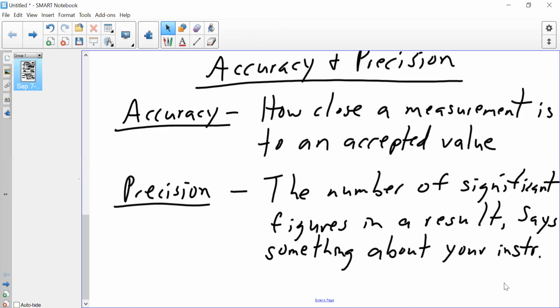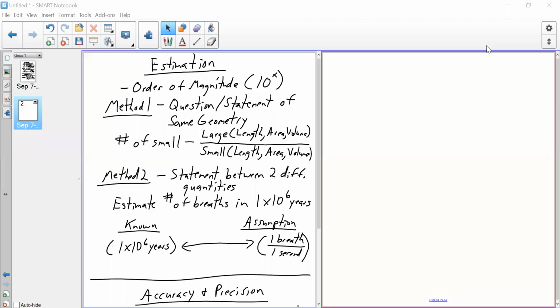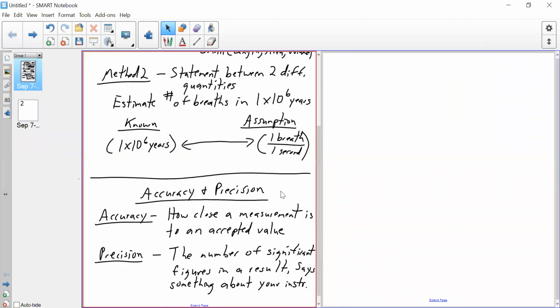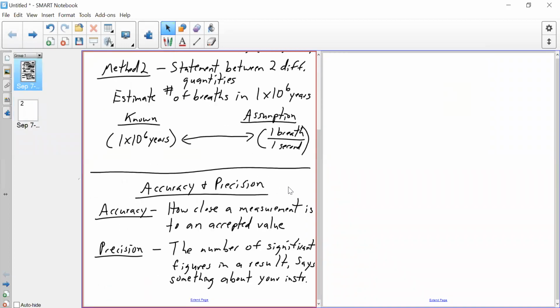So the more precision, the more detailed your instrument is. Okay, so there's that. Now, an accuracy example.